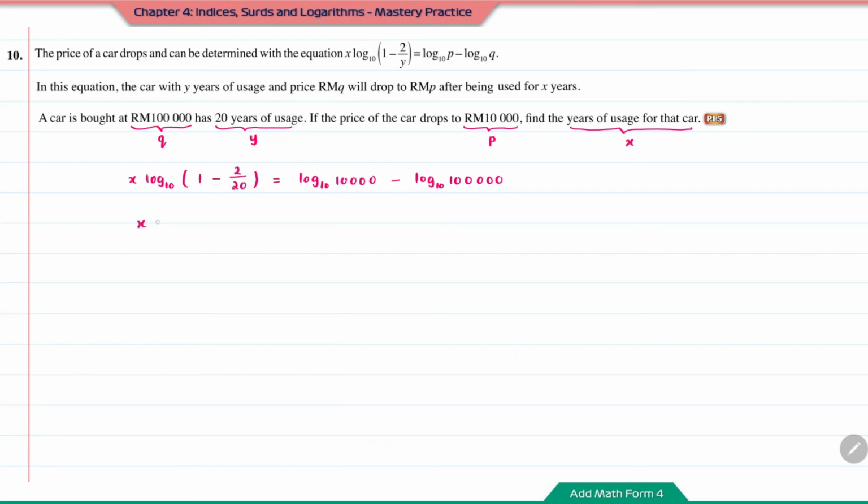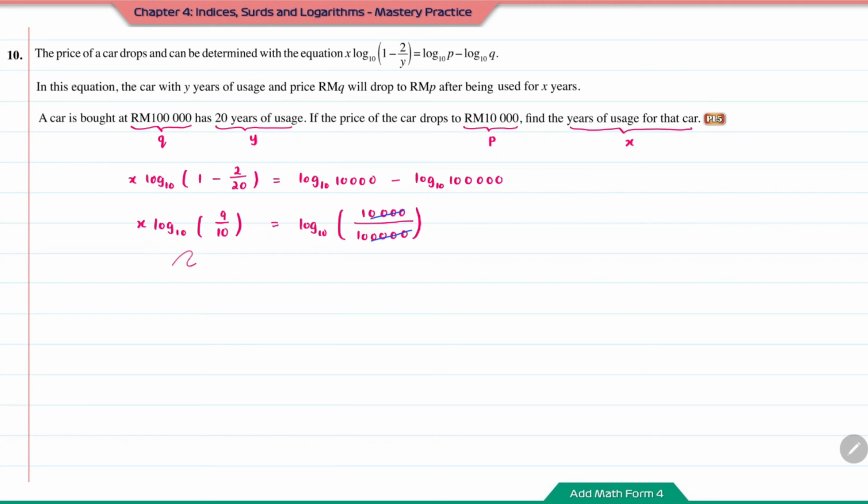So here I'm going to get x times log base 10 of, so here solve this, you're going to get this is equal to 9 over 10. And on the right hand side, using the division law, I can write this as log base 10 of 10,000 divided by 100,000. So here I can simplify this. It's going to be 1 over 10.